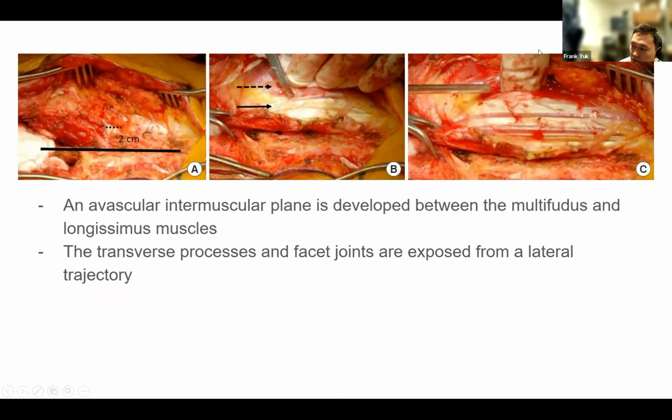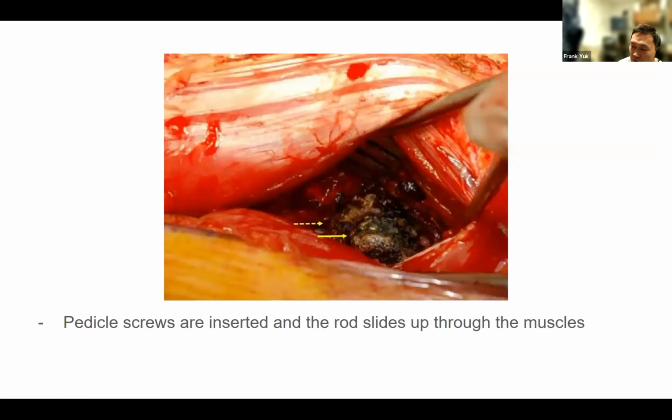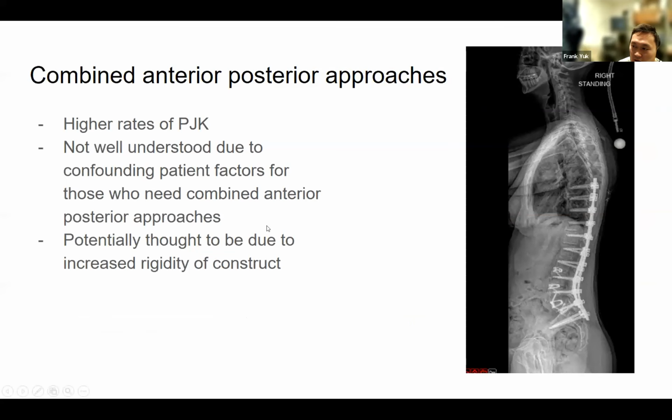You can see here, Dr. Lanke's put his finger down to try to feel the transverse processes, and therefore the entry points for those screws. Then a small retractor is inserted, and the pedicle screws are inserted through the small opening, and the rod slides up through the muscles. So this is another technique to try to preserve the posterior tension band.